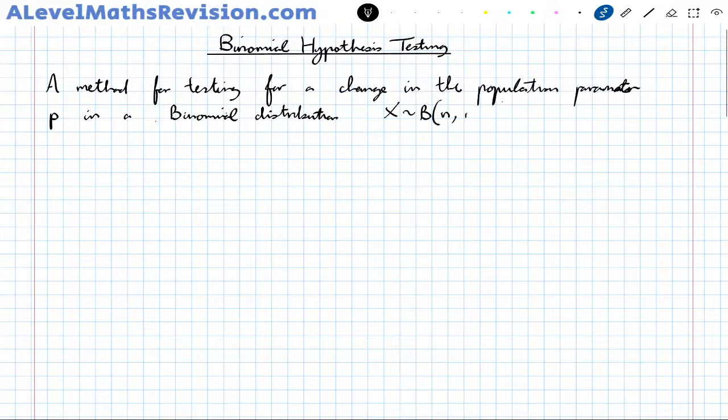And by parameter, the binomial distribution has two parameters, two things that we need to define what the distribution is. It has n, the number of trials, and p, the probability of success.